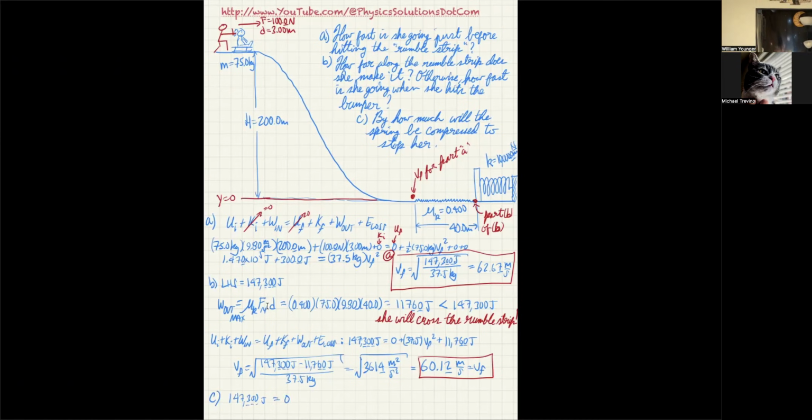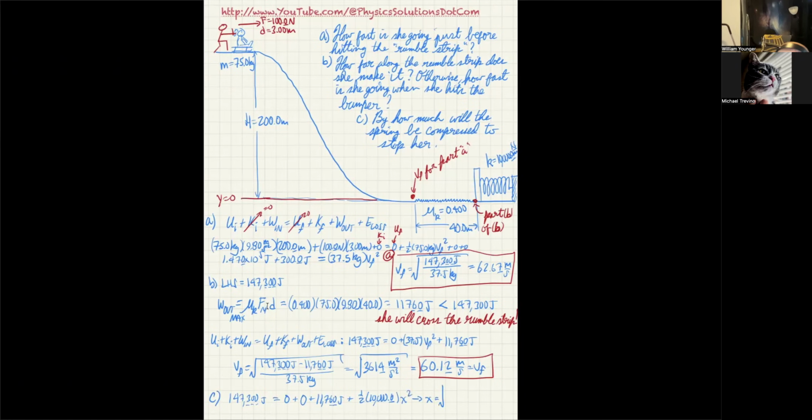is equal to 0 plus 0 for the kinetic energy plus the energy that we lost due to the friction rumble strip is 11,760 joules. And then plus we have work done out, which is 1/2 of 10,000 newtons per meter times x squared. So we're just going to solve for x squared.